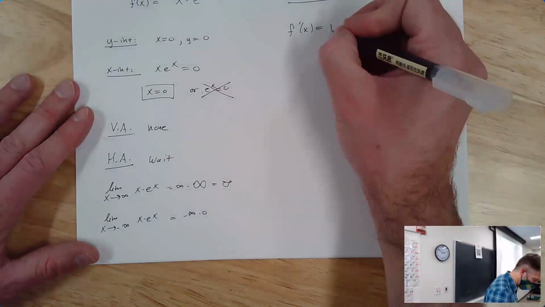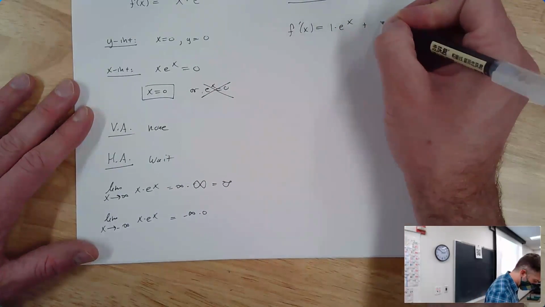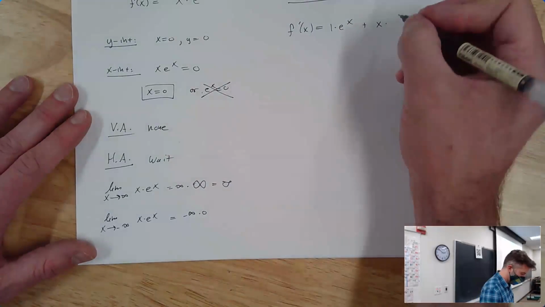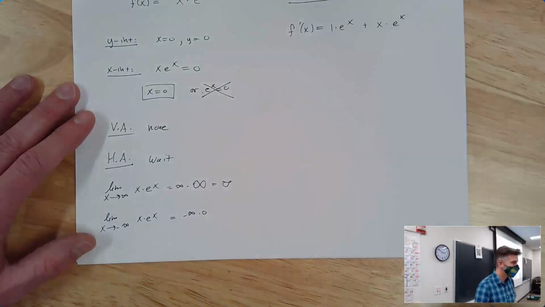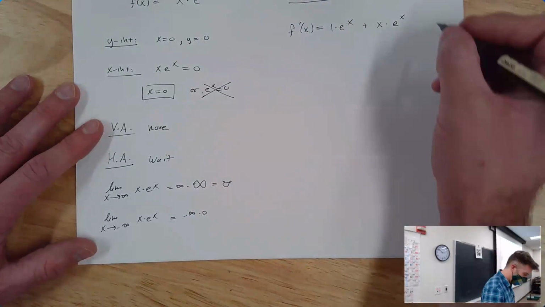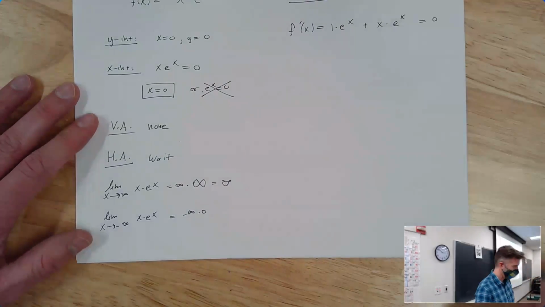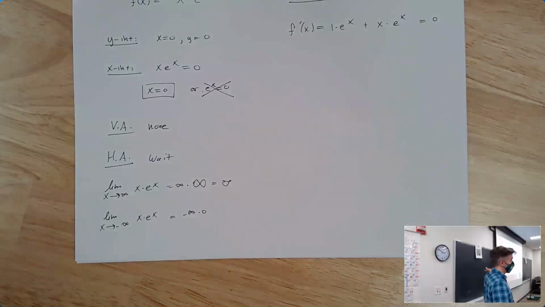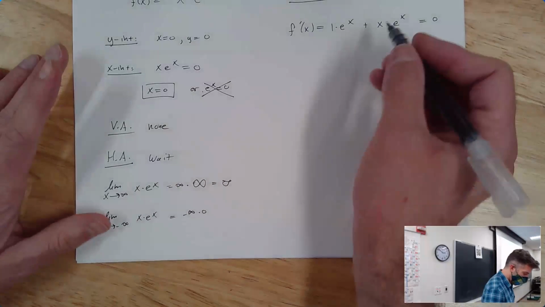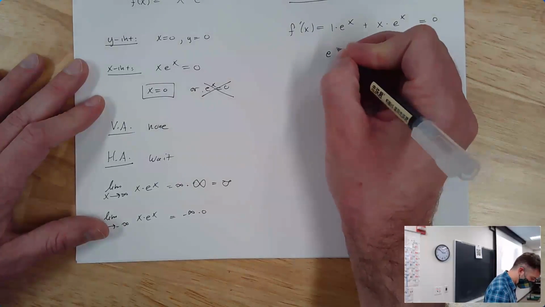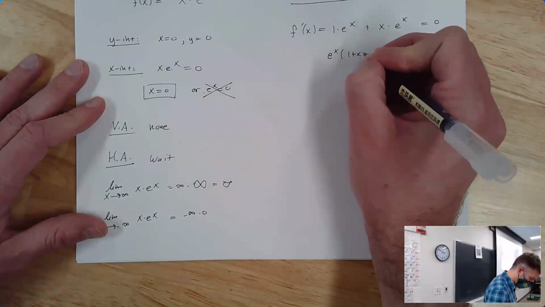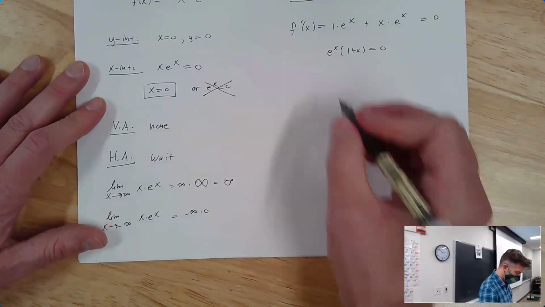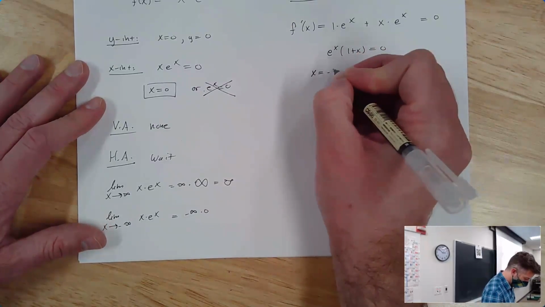It's going to be 1 times e to the x plus x times the derivative of e to the x, which also happens to be e to the x. And I'm going to set that equal to 0 to find the critical values. I'm also going to consider where it's undefined, but I know it's never undefined. So I don't have any of the 3 ways something's undefined. Let's factor out an e to the x. So my critical value is x equals -1.